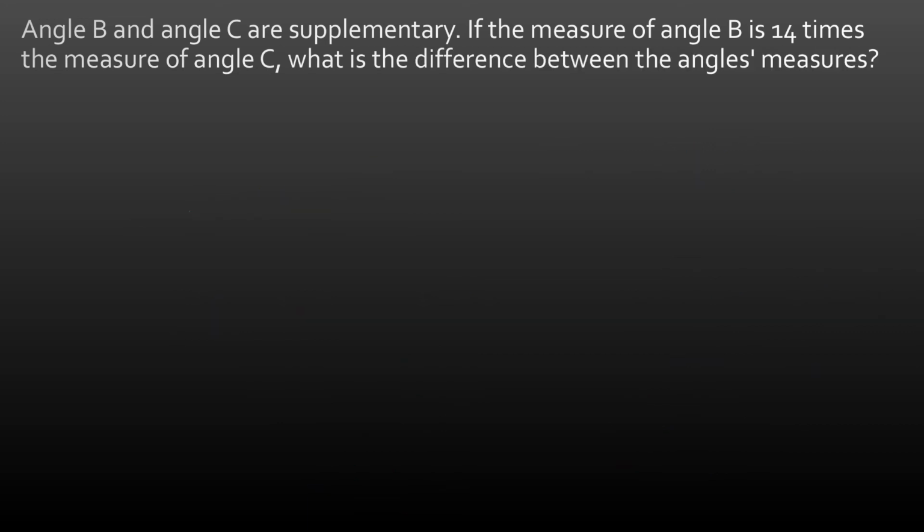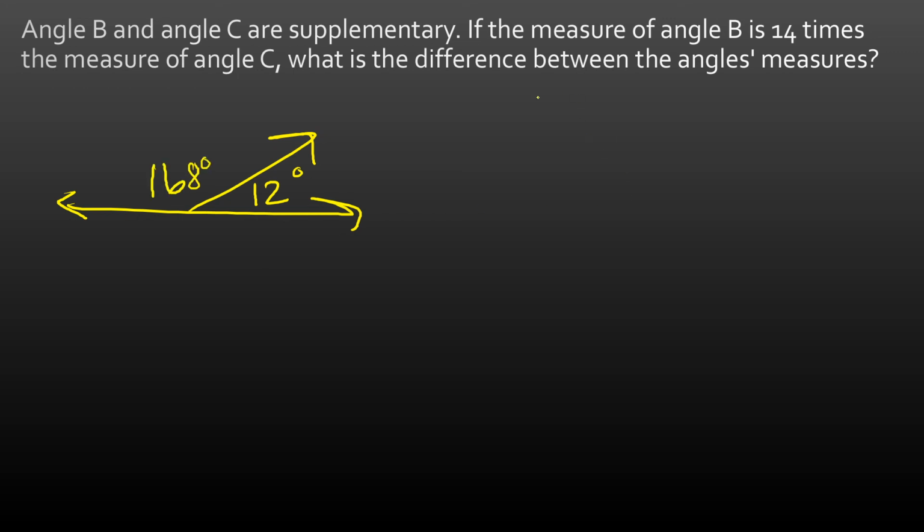All right, and then the last question says that angle B and angle C are supplementary. If the measure of angle B is 14 times the measure of angle C, what is the difference between the two angle measures? So we already know a lot about this setup because it's the same exact setup 3 times in a row. And based off of that last question, I know that angle C is 12 degrees and angle B is 168 degrees.